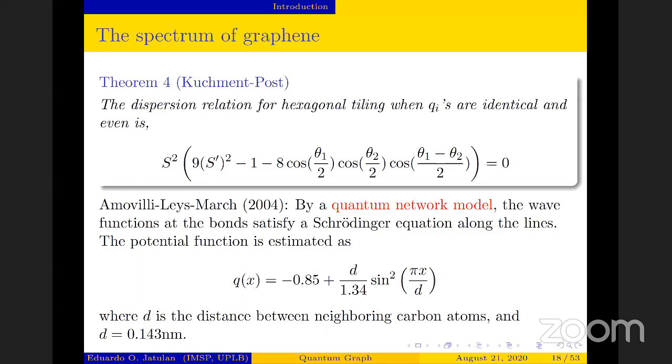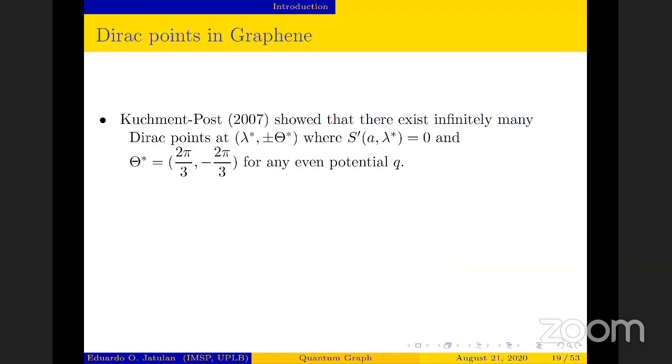For the Dirac points, Kuchment and Post also showed that there exist infinitely many Dirac points at this given point. We have lambda star and plus or minus theta star, wherein lambda star satisfies this given equation. These are all the lambda for which S prime of A is equal to 0, and theta star is located at 2 pi over 3 and negative 2 pi over 3.